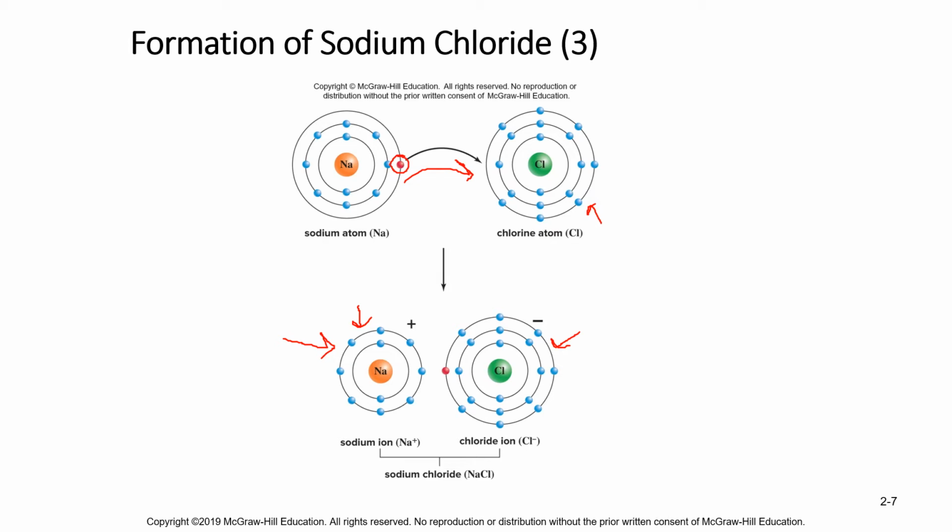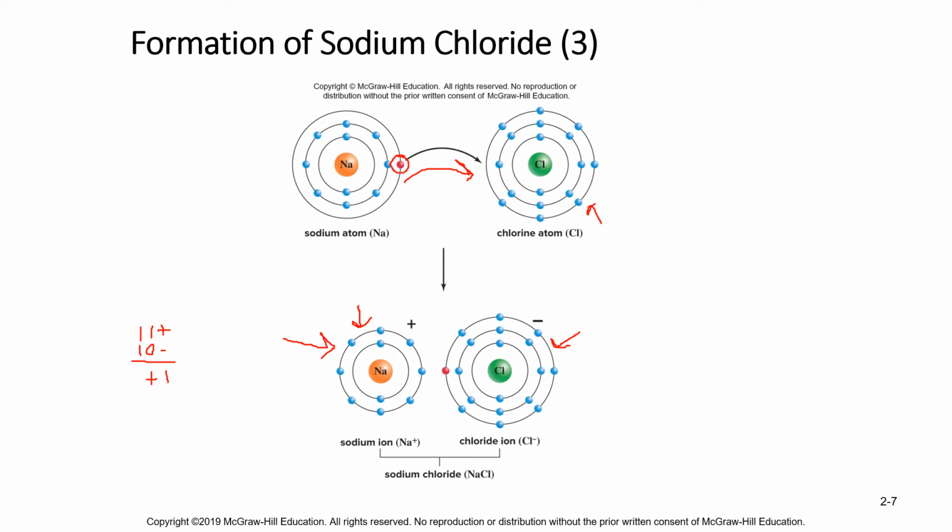The problem is the proton number doesn't change, right? So this sodium atom still has 11 protons, but now it only has 10 electrons. So it has 11 positive charges, only 10 negative charges. So it has a +1 charge.